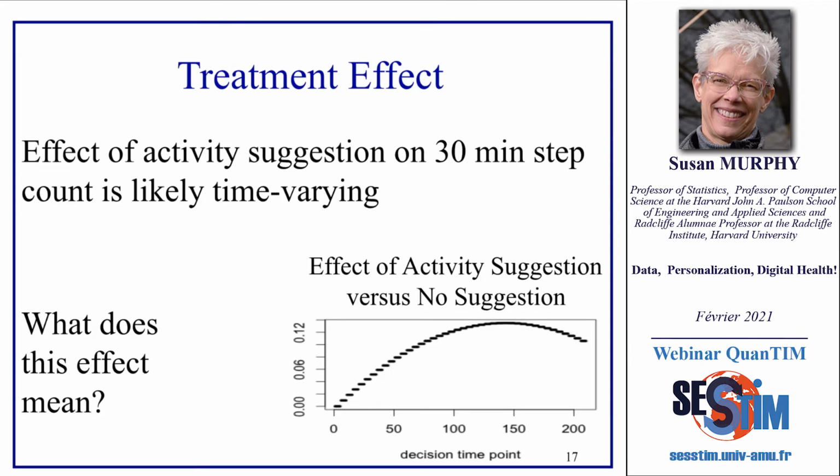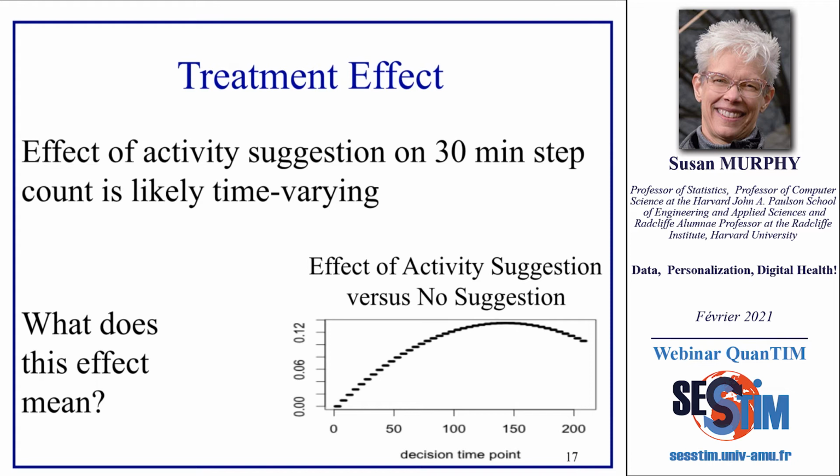When we were designing this micro-randomized trial, we anticipated that these activity suggestions do interrupt people as they go about their life. One might be concerned that they're going to be aggravating. Another issue is that these activity suggestions are repeated stimuli, and we know from psychology that if you deliver a series of repeated stimuli, you can get habituation.